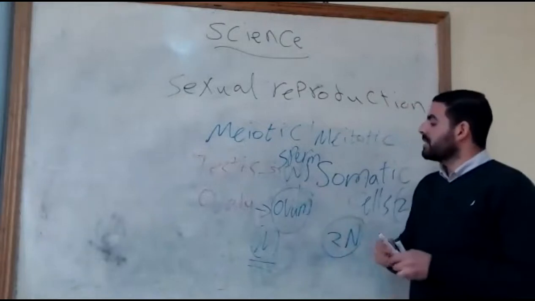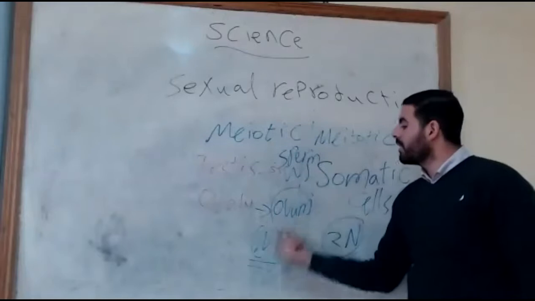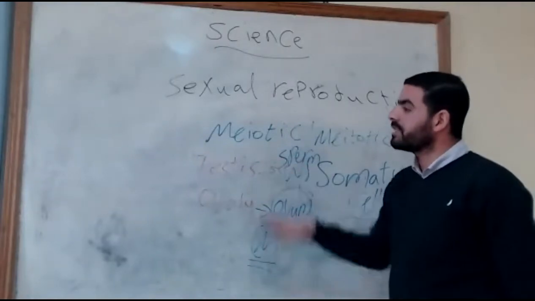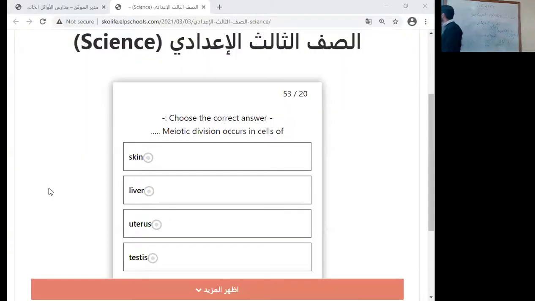During fertilization, the sperm fuses with the ovum to form the zygote, which contains 2n chromosomes, or the complete genetic material. So, let's return to our question. Meiotic division occurs in cells of skin, liver, uterus, testes. The answer is testes.